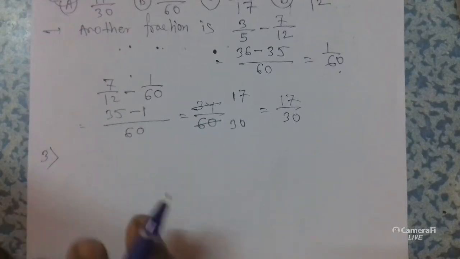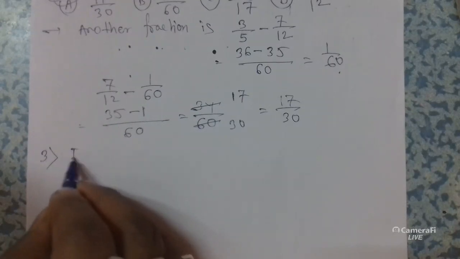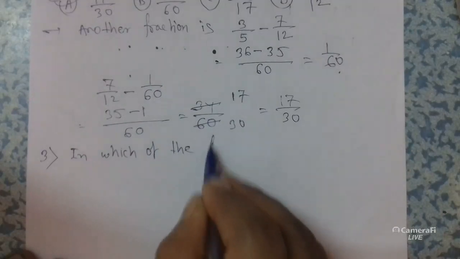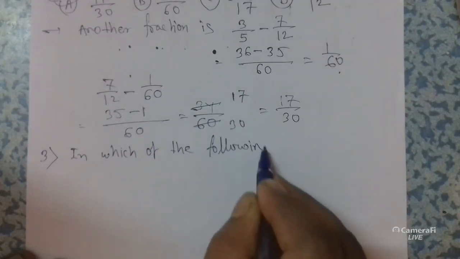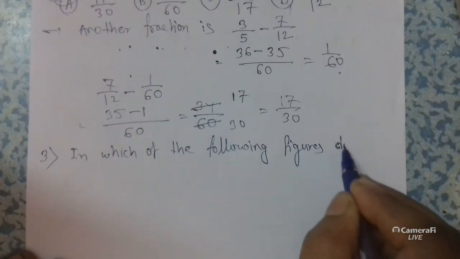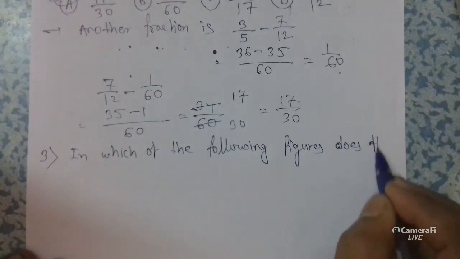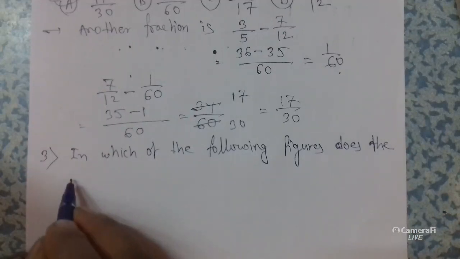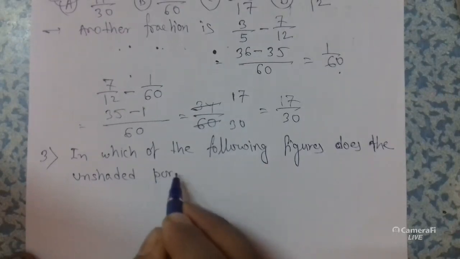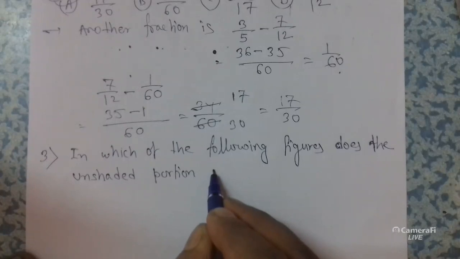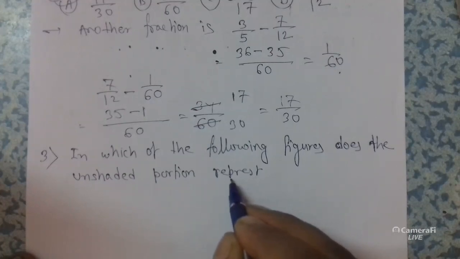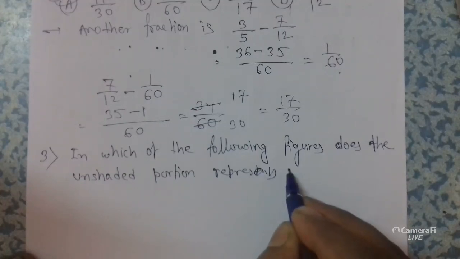Problem number 3. In which of the following figures does the unshaded portion represent 2 by 3?